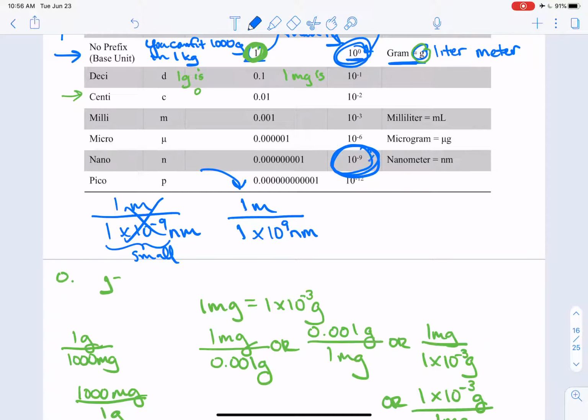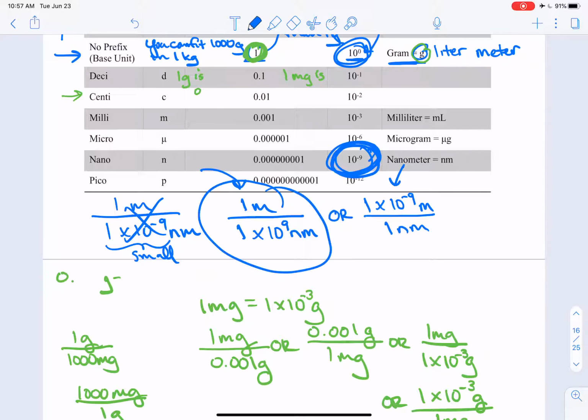Now, if you wanted to go with 1 times 10 to the negative ninth, what you would have to say is if you had 1 nanometer, that tiny little bit, that is this tiny little portion of a meter. It's that small part of a meter, okay? Most of us like the positive exponents and like this version, but you need to say out loud to yourself what you're doing and make sure it makes sense.